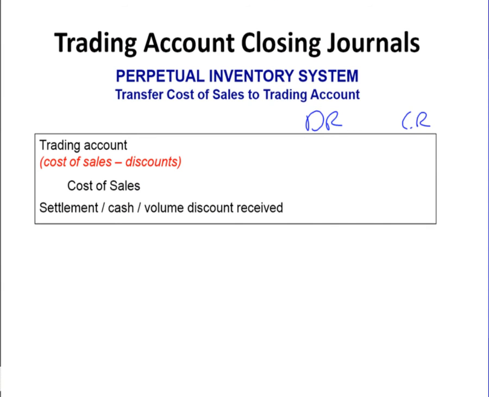So trading account and cost of sales. Cost of sales is 306,000 to be credited to clear out the cost of sales account. Remember, cost of sales was an expense, originally debited. We are crediting it here, taking it out of cost of sales and putting it into the trading account. We are lucky in that there were no settlement discounts, etc., so nothing to go in there.